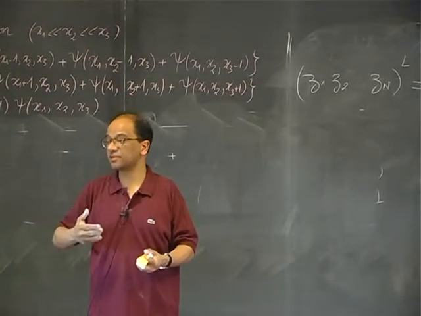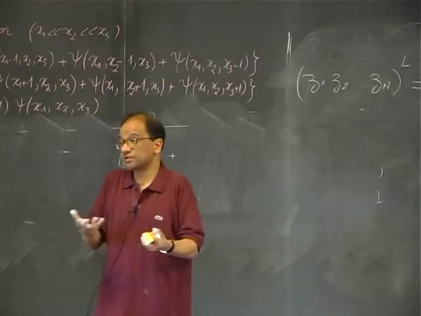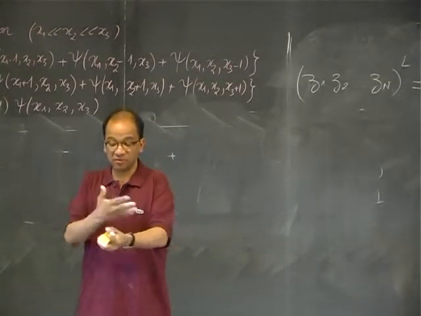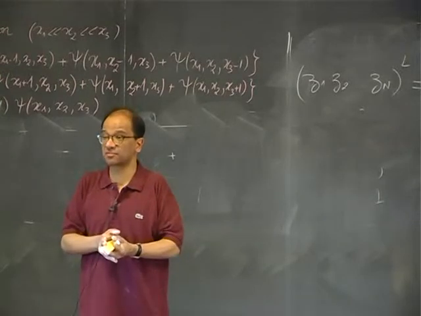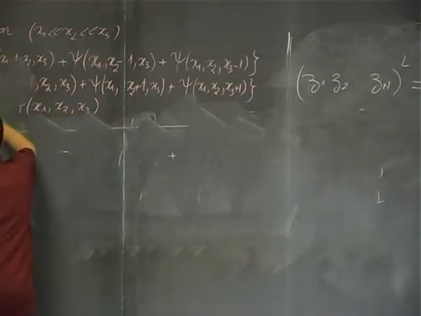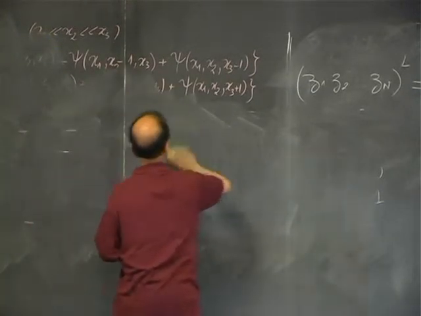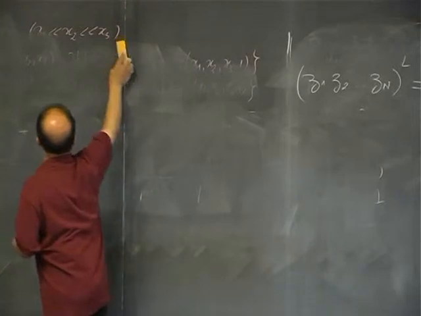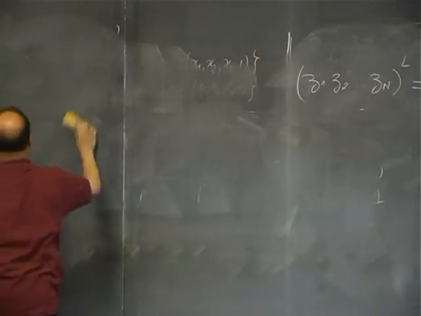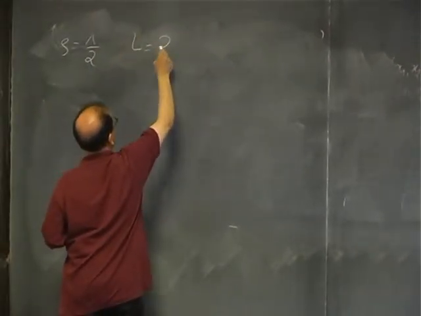So you're right, it simplifies. But the nicest case is really half filling, which is in fact the most interesting also. It means that you have as many holes as particles in your system. It's a half density problem. So the nicest case is L equal to 2N. Half filling, density is 1/2.